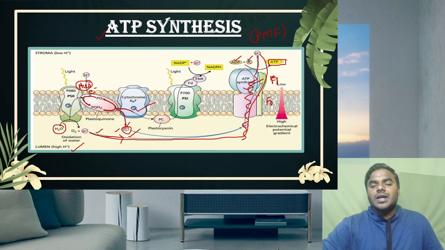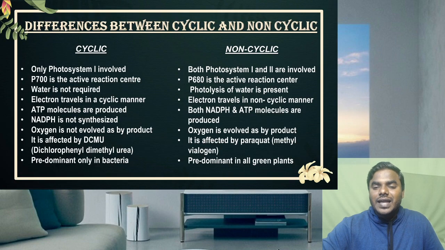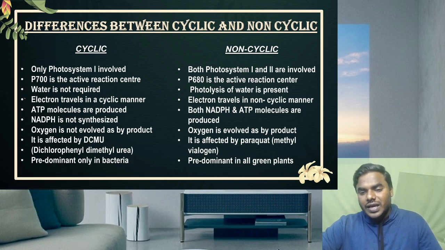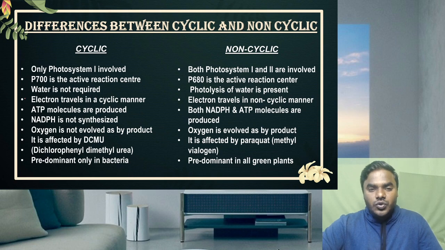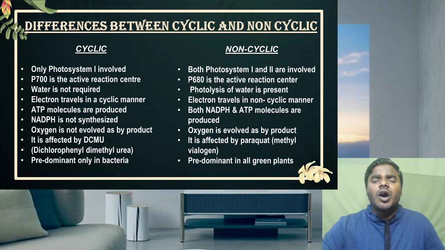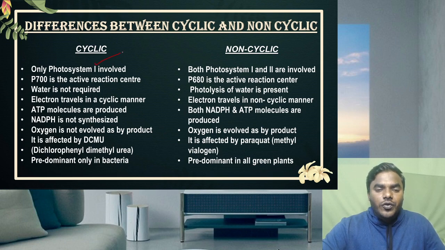So friends, this is about cyclic and non-cyclic. Now I have given wonderful differences between the cyclic and non-cyclic. I'm requesting all of you to remember the differences. We read that in the cyclic only one photosystem is there.